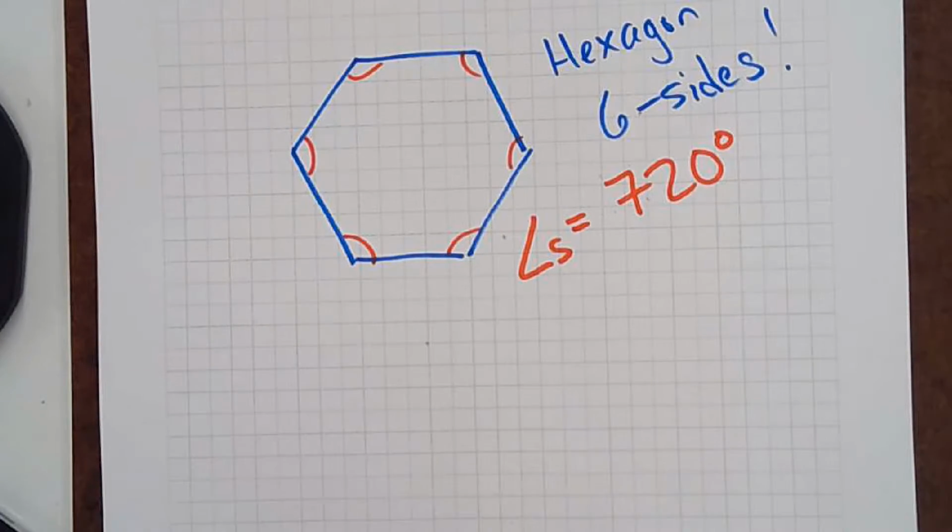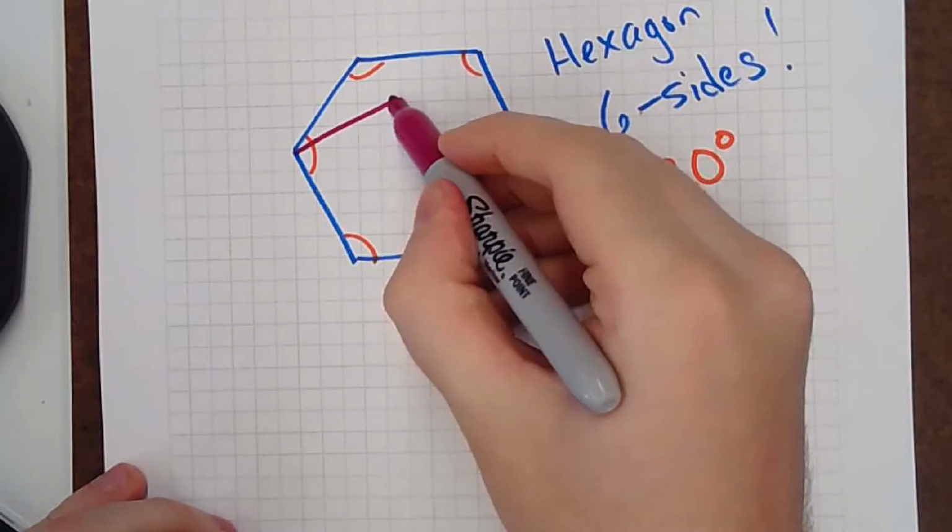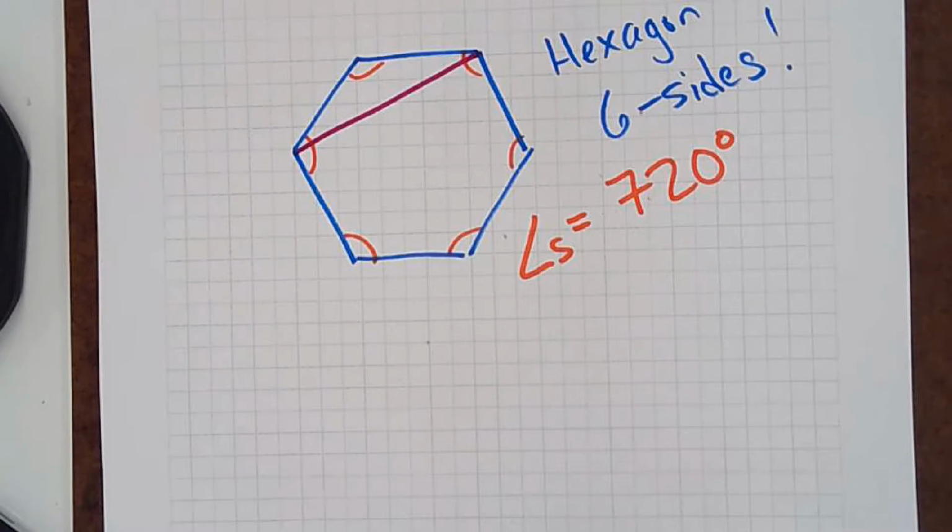My first hint to you is this. I want you to be able to prove it to me. A visual proof. You do not need to write it. You just need to show me why it has to be 720. Best of luck to you. Do what you can. I'm going to give you 5 minutes to work on it.